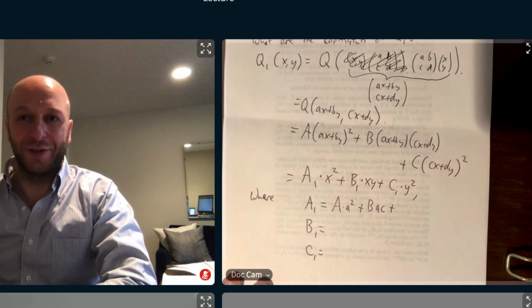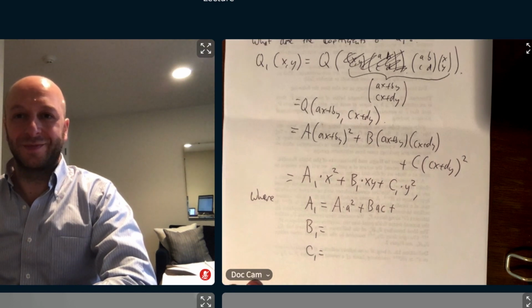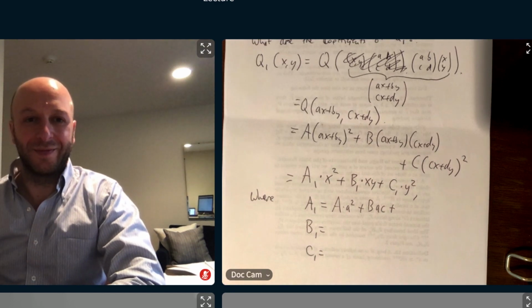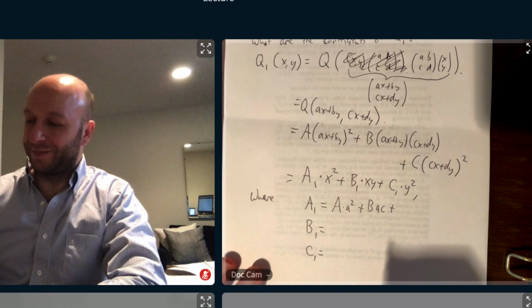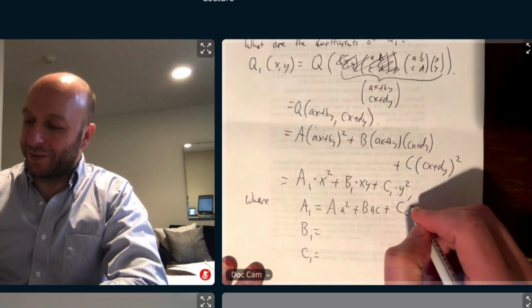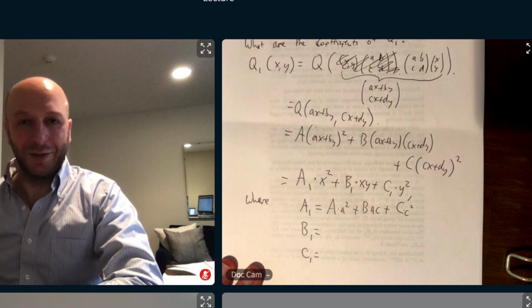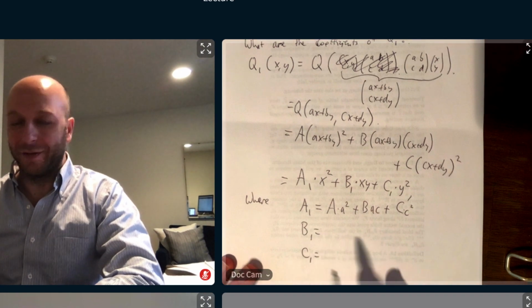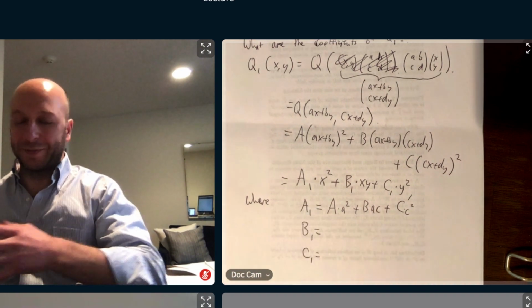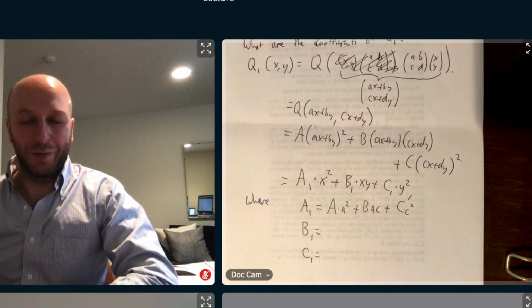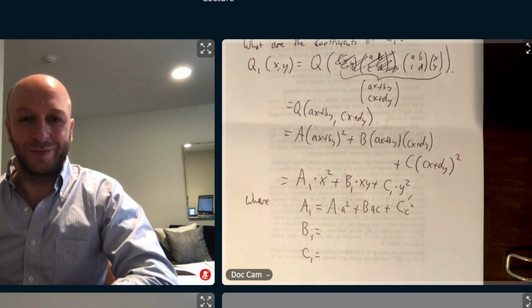And what's the last term for A1? Yep, big C, little c squared. Okay, so it's not so bad. If you, instead of trying to multiply out this monstrosity and then regroup, think about what it's going to be before you do too much work.